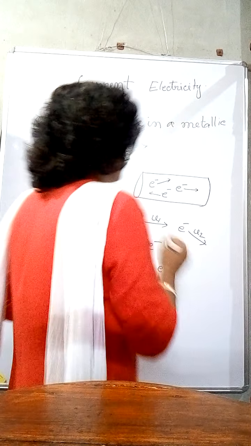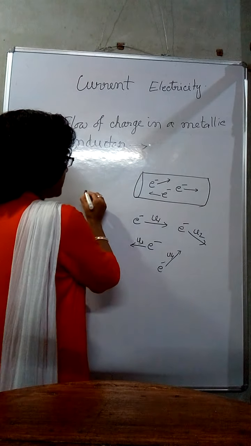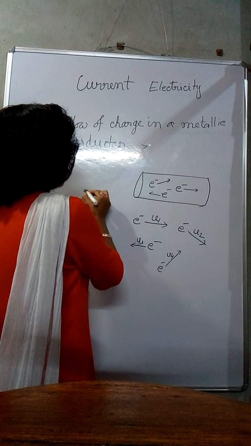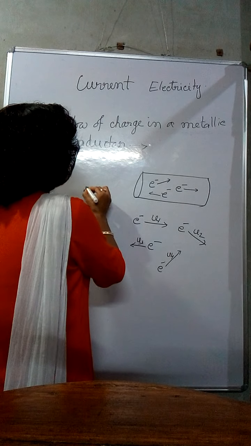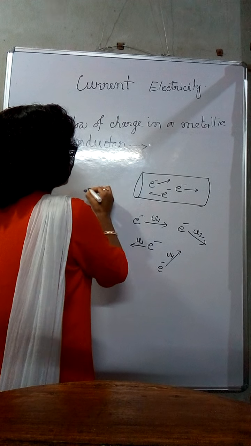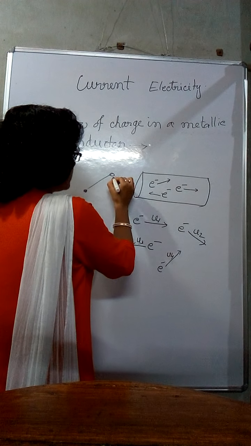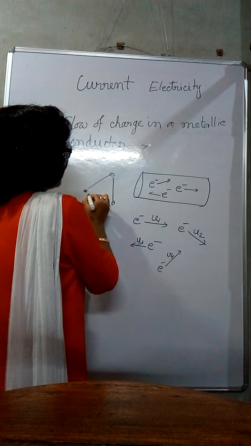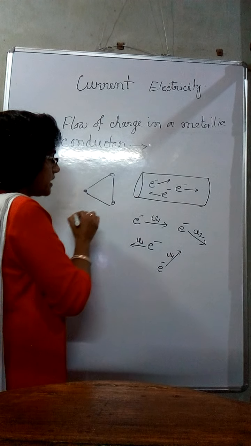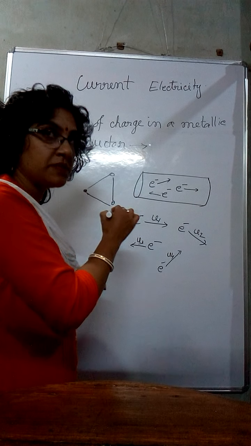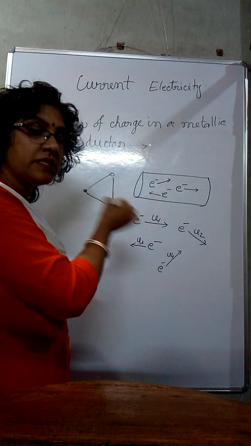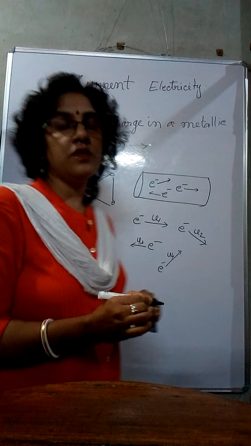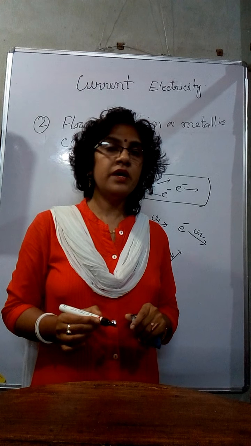So if we consider just one electron moving randomly in a zigzag path, it goes there, again returns back here, again it goes there. In this case its displacement will be 0. If its displacement is 0, then the average velocity will be 0.